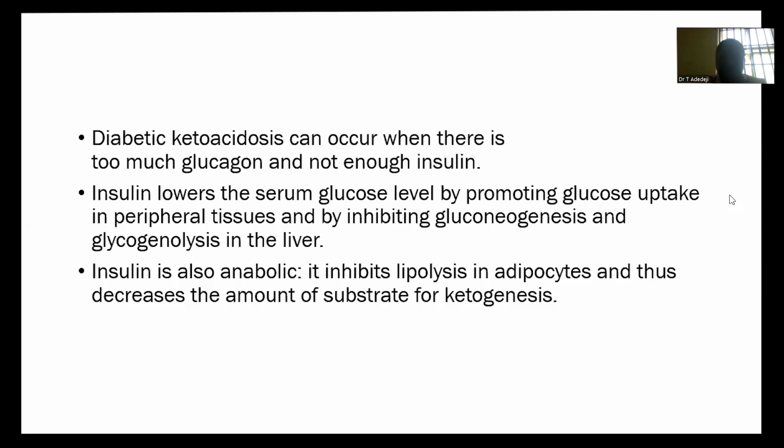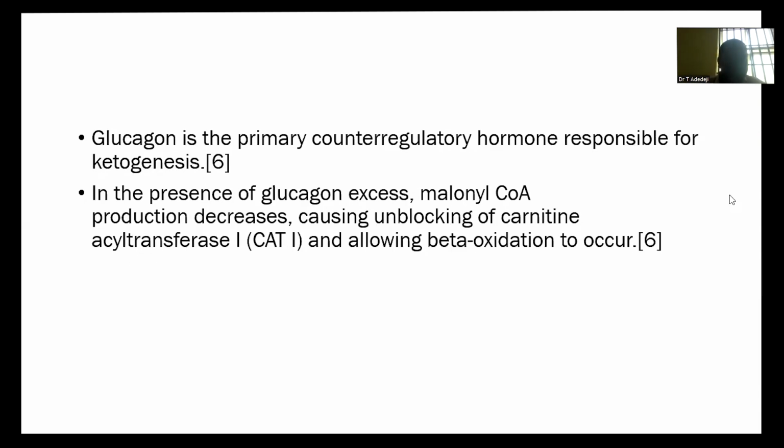Because insulin lowers serum glucose level by promoting glucose uptake in the peripheral tissues and by inhibiting gluconeogenesis and glycogenolysis in the liver. Insulin is also anabolic. It inhibits lipolysis in adipocytes and thus decreases the amount of substrate that is available for the formation of ketone bodies. That's ketogenesis. So insulin can be found to be anti-ketogenic.